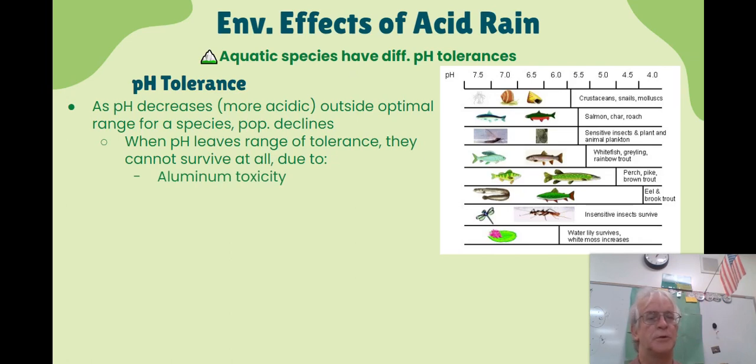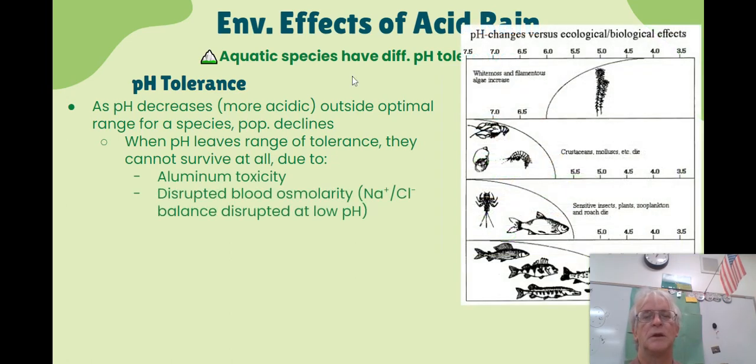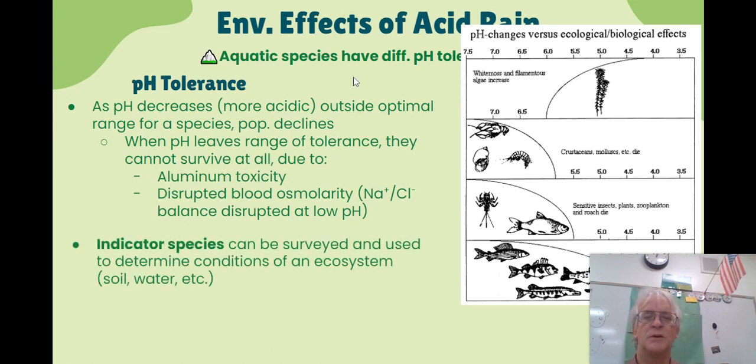Why? Because aluminum is very, very toxic. It disrupts the blood flow and osmolarity, meaning that a lot of the cells are going to die. There are indicator species, meaning species that are very susceptible when the acidity goes too high. You can notice here, as we get here, the algae is going to increase.